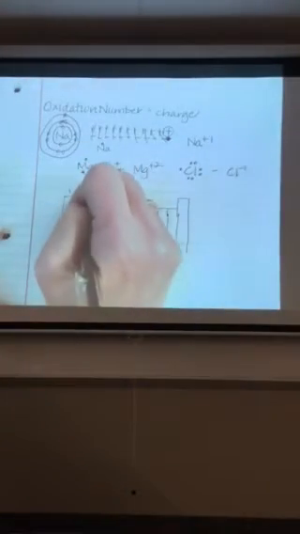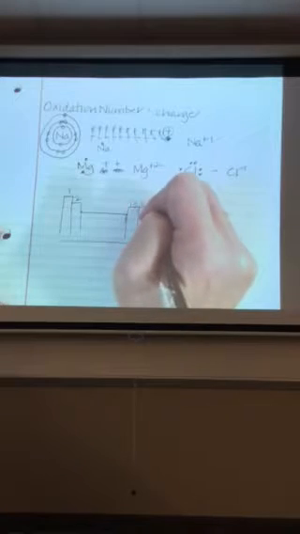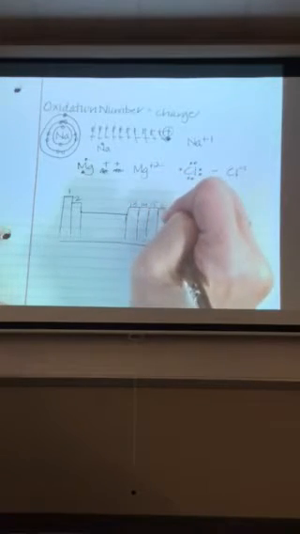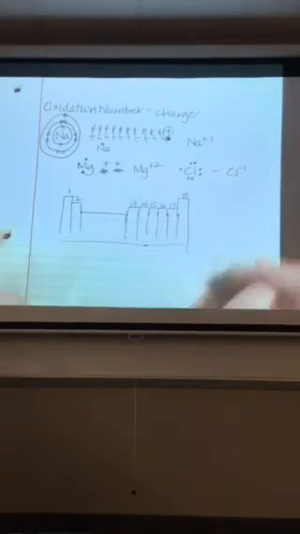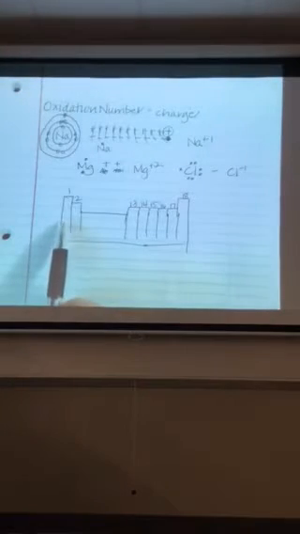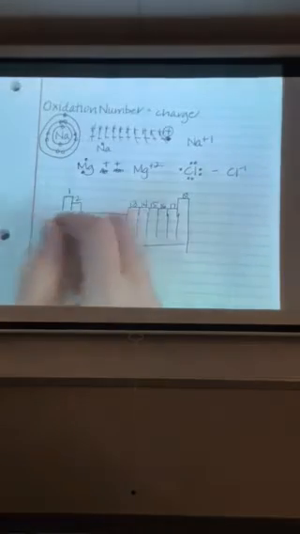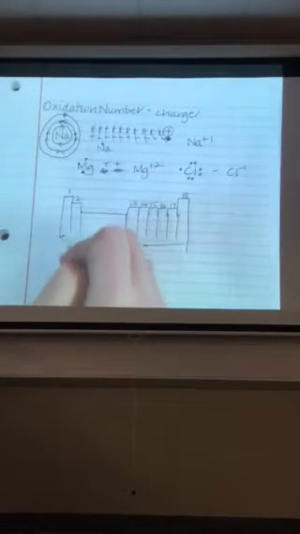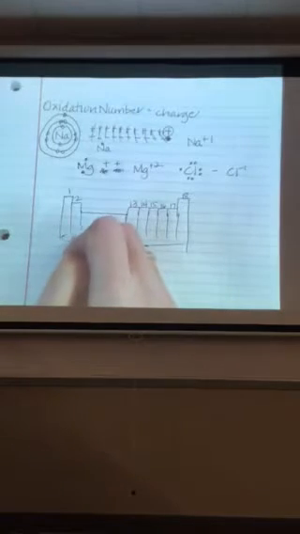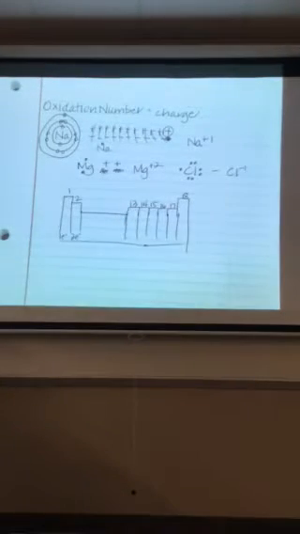We've got columns 1, 2, 13, 14, 15, 16, 17, 18. Column 1 has 1 valence electron. Column 2 has 2. When we learned this, what did we do with 3 through 12? We ignored them.